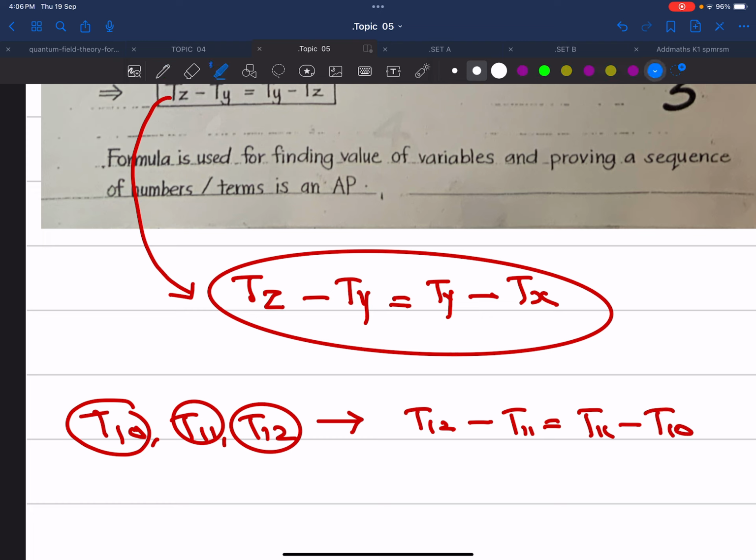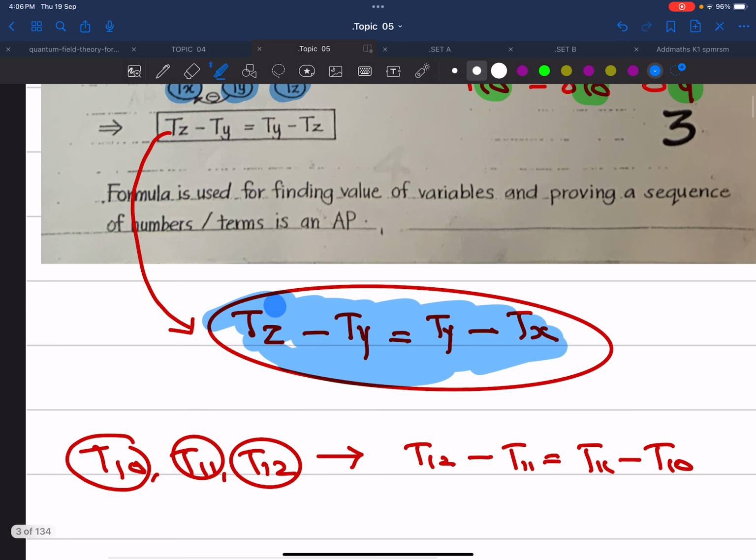So when do we use this formula? This formula is used so that Tz minus Ty equals Ty minus Tx. The formula is used for finding values of variables.